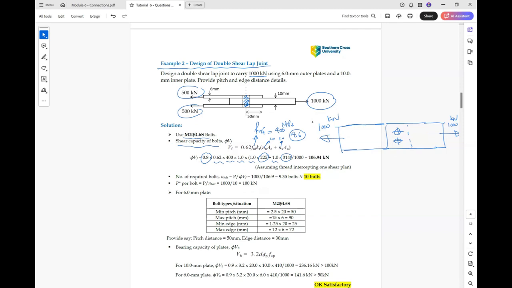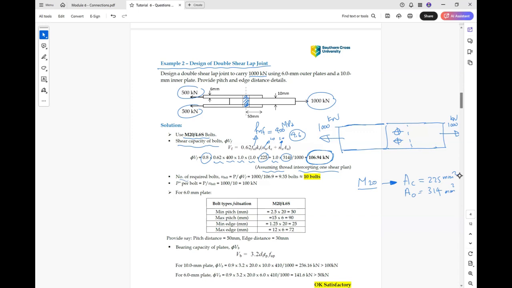So for M20, there are also tables for the bolts. For M20, Ac and Ao are 225 and 314 millimeter square. So the capacity of each bolt is 106.94 kilonewton, assuming that the thread intersects one shear plane.